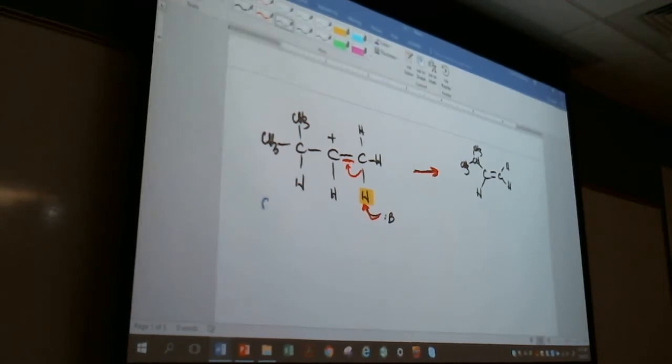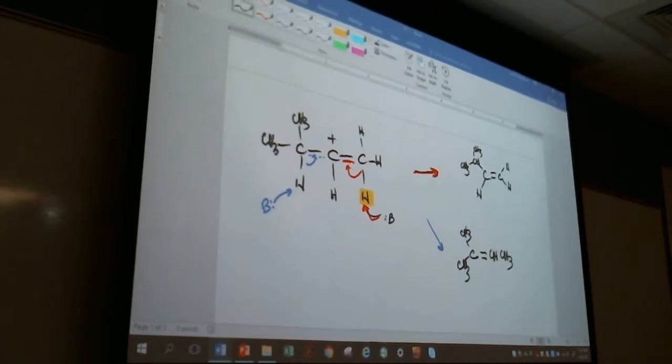Conversely, if my solvent, whatever base, abstracts this hydrogen, then I'm going to end up forming a double bond here. So I would have this carbon with two methyl groups, a double bond here, and then a CH, and then a CH3. I can draw this out. Let's say CH and CH3.